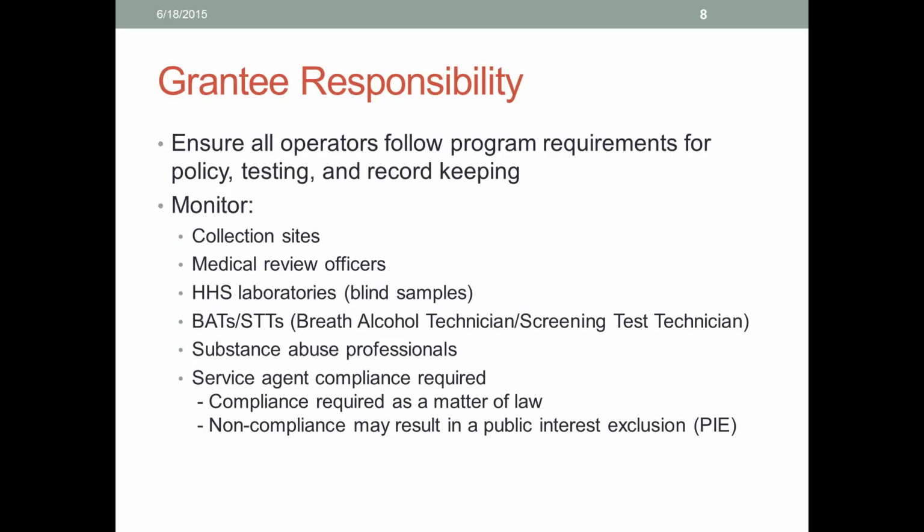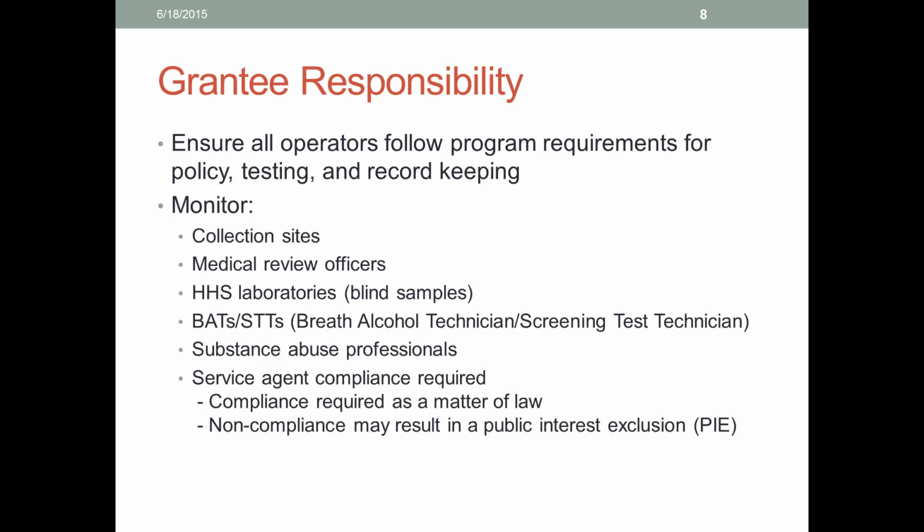Any non-compliance by service agents on the testing program side of life can result in a public interest exclusion, which basically means that if they refuse to adhere to the terms of their agreement with the federal DOT, or if they're conducting tests that are willfully non-compliant, they may be excluded from participating in federal programs for either a small period of time or an indefinite period of time.